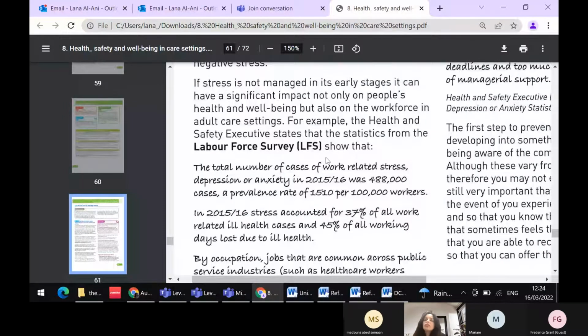Because some of them will disappear because of the stress. They wouldn't come back. And then the ratio between the employees and the people you take care of will be different. Why? Because you will have more people to take care of. You will take some of your colleagues' clients. That will build more stress in yourself as well.